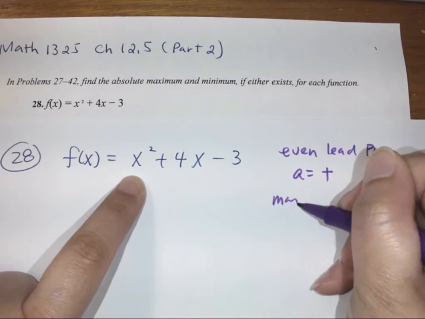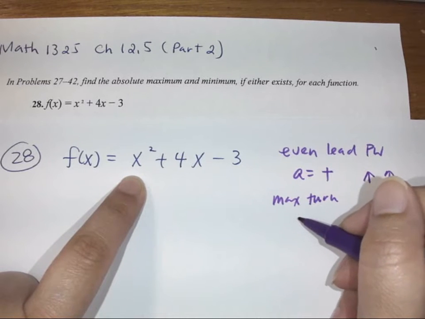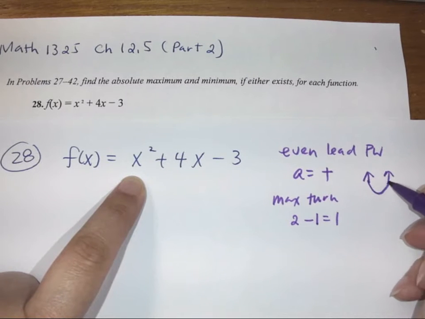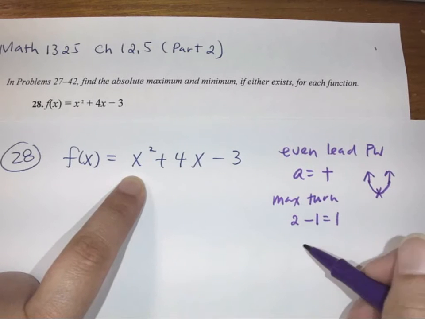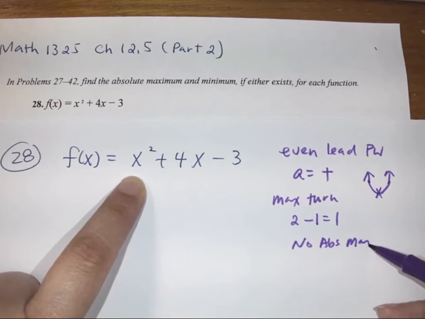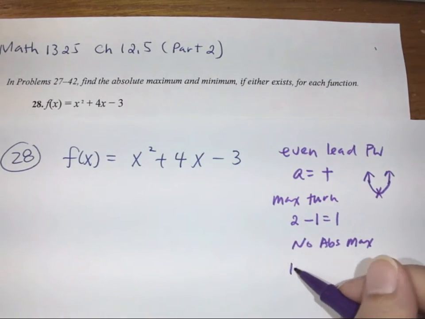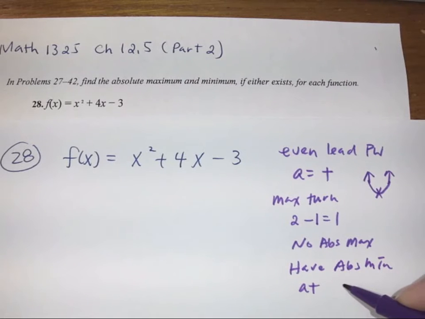The maximum is degree minus 1, so 2 minus 1 equals 1. So it should have an absolute minimum but not a maximum. So no absolute maximum because it keeps going on forever, but it should have an absolute minimum at the critical value, right?